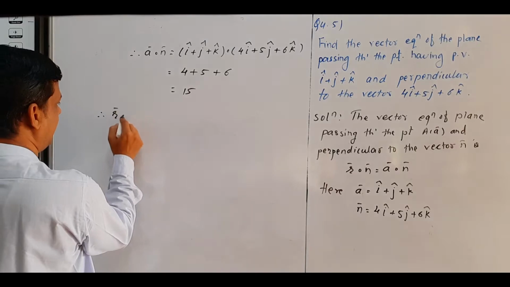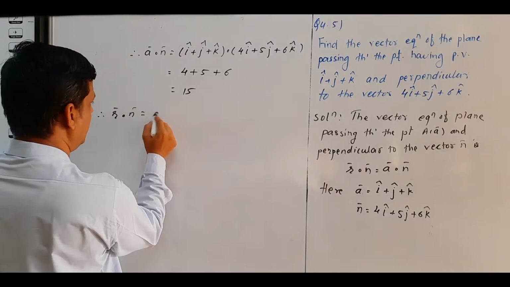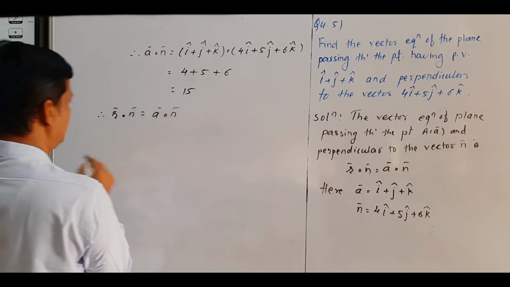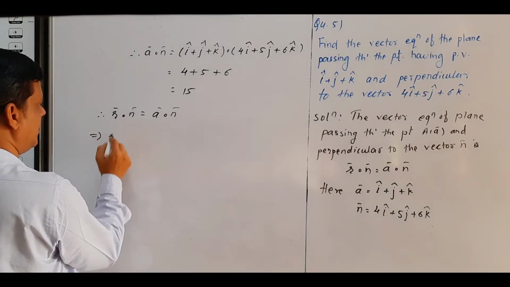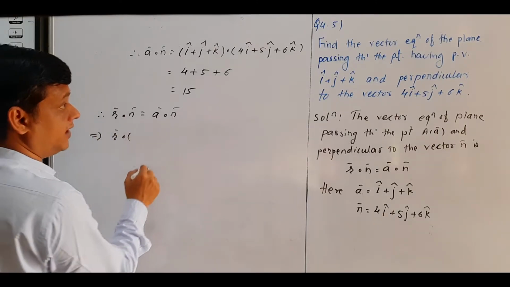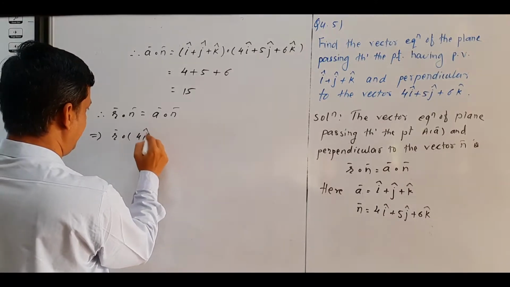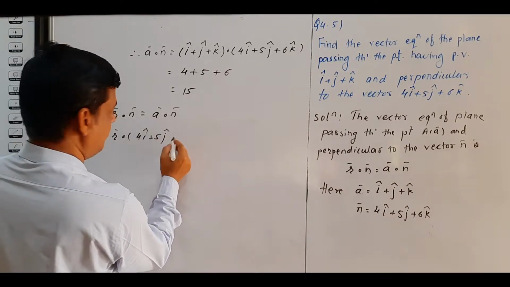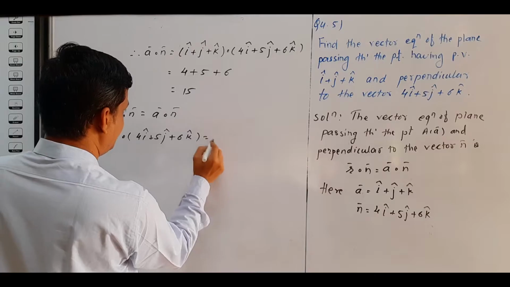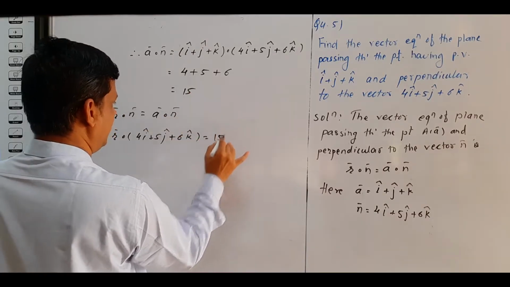Therefore r bar dot n bar is equals to a bar dot n bar gives r bar dot n bar is 4i plus 5j plus 6k is equals to a bar dot n bar is 15.